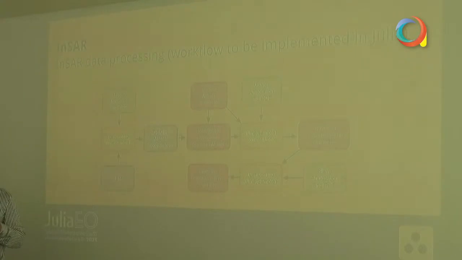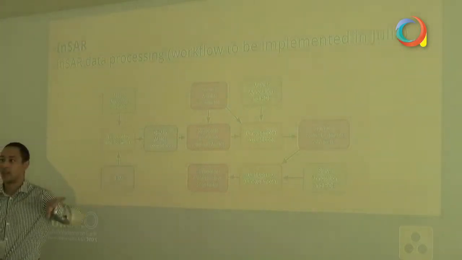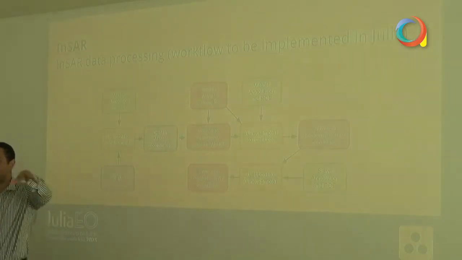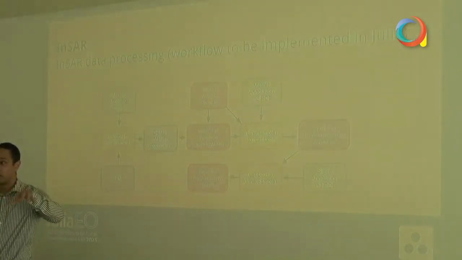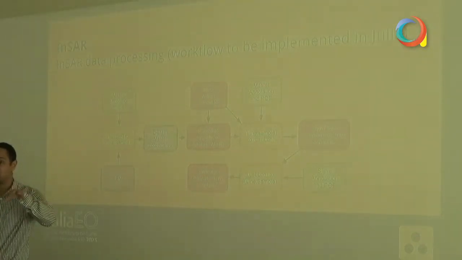No, I have one. So, to create this interferometric InSAR, there are several processing steps, and we will go through some of them in our hands-on session. This is a plot of some of them. It's a bit of an old figure, so it's not so streamlined.